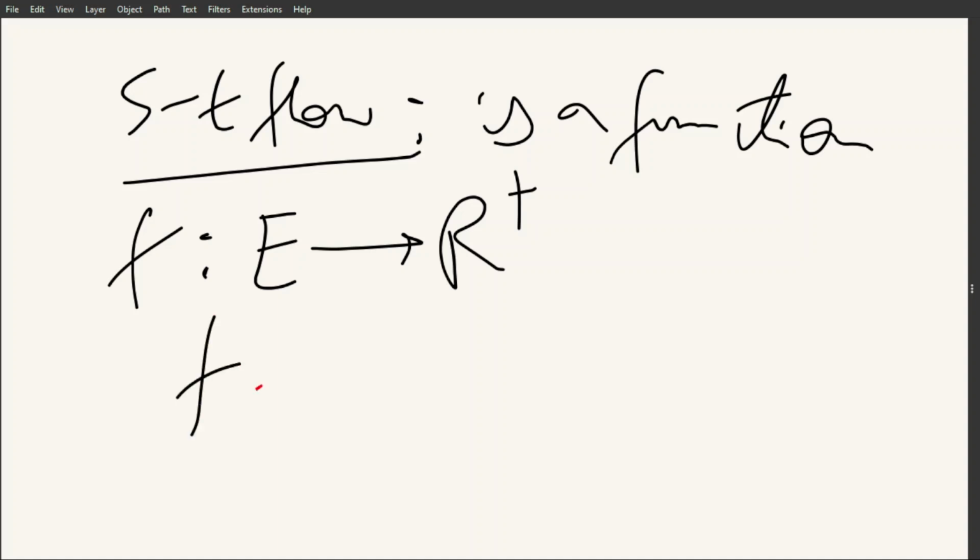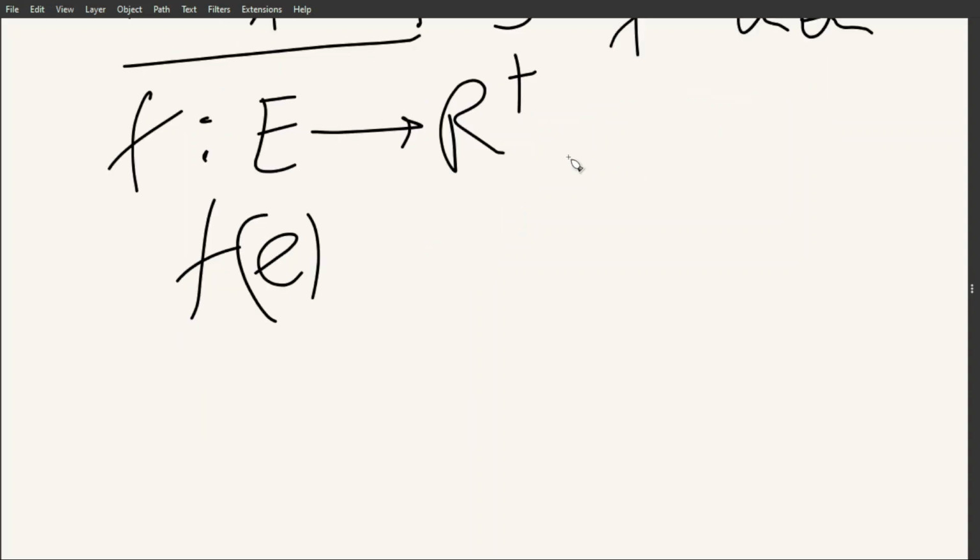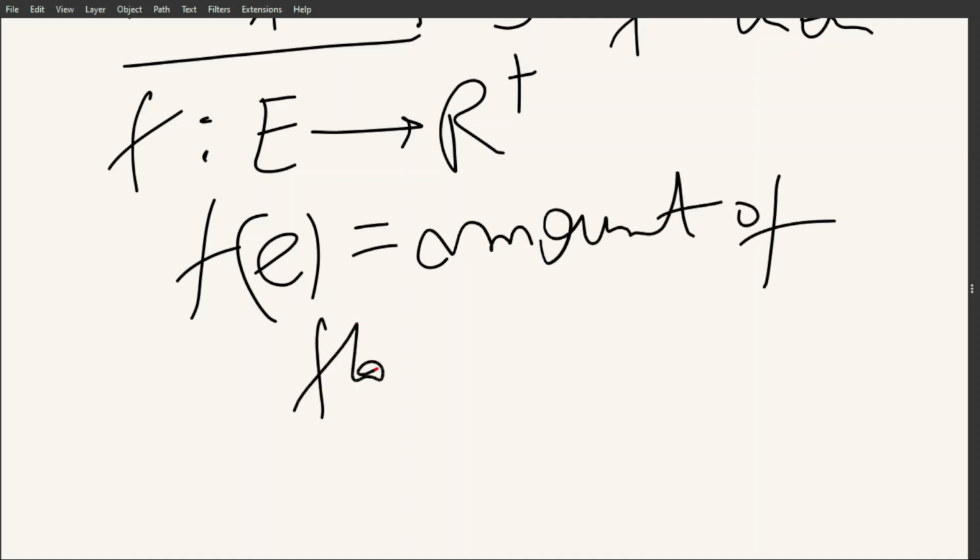So f(e) for an edge, we can say this represents the amount of flow, the amount of flow carried by edge e.